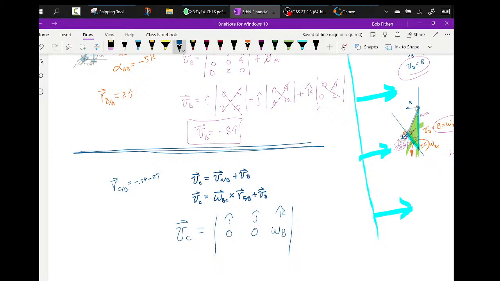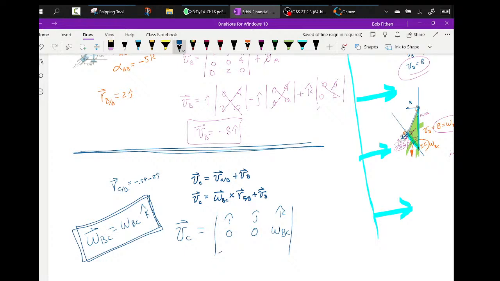So the way I'm writing this is omega BC, the vector, is equal to omega BC K. So that's why you see it change from a vector to a scalar all of a sudden. It's not magical. That's kind of what I've been doing. So just be aware of that.